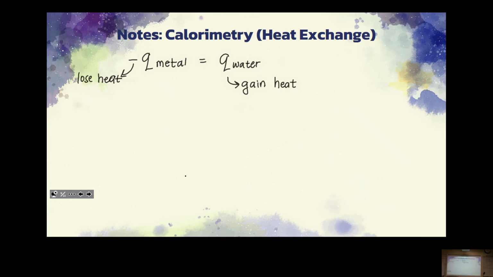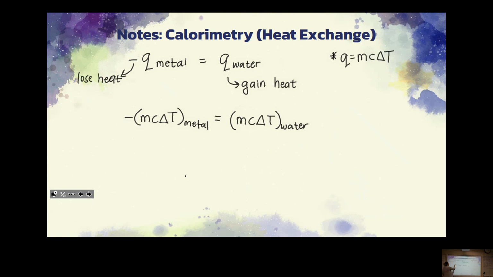From that, we can calculate the heat using our equation that we discovered through our thought experiments, and plug that in. This side still represents the metal, and on this side we've got our water.